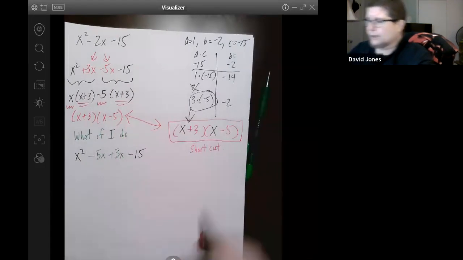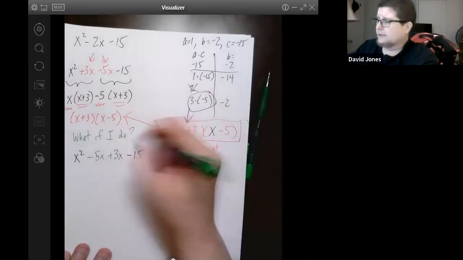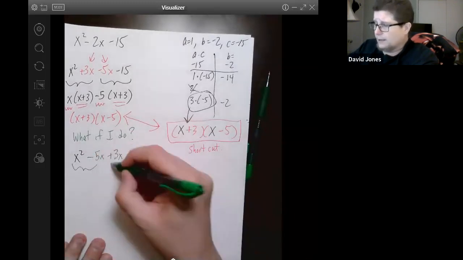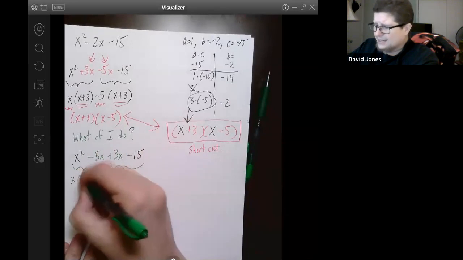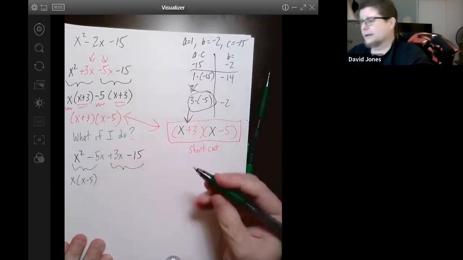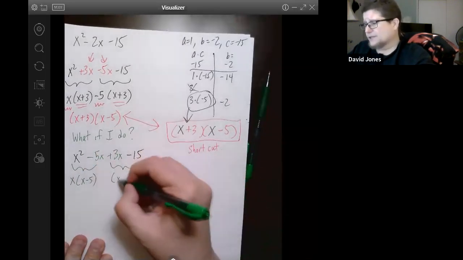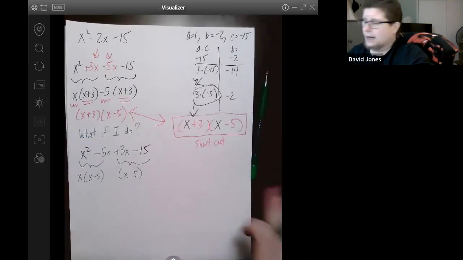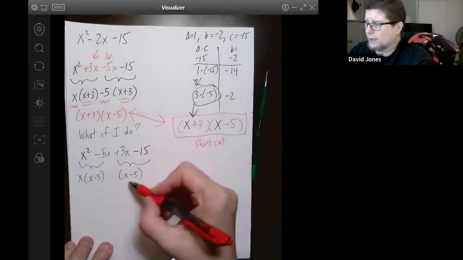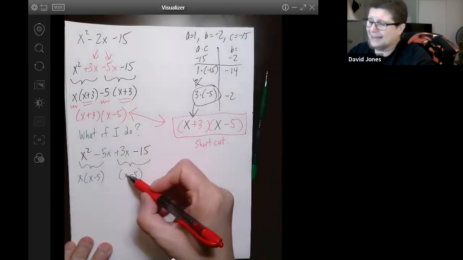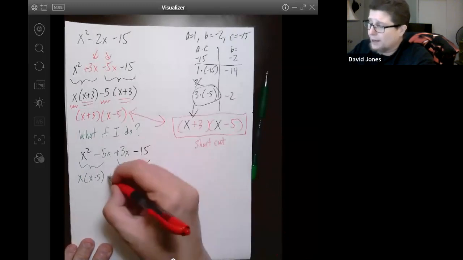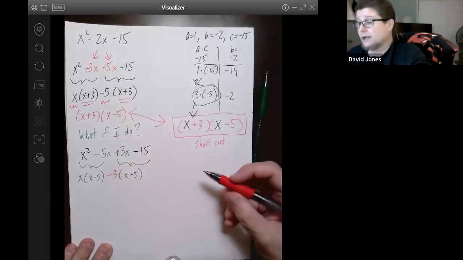Well, let's keep working this one out. We split that up by grouping. We get x times x minus 5. The x minus 5 hopefully repeats. If it does, let's check it. What do I got to multiply x by to get 3x? I need to multiply x by +3 to get 3x.